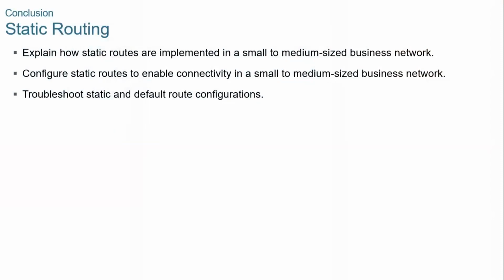Static route, very easy. Some students, from experience, tend to like to use default route all the time. It's not the best answer. Use default route where it is most appropriate. So we looked at static routes.